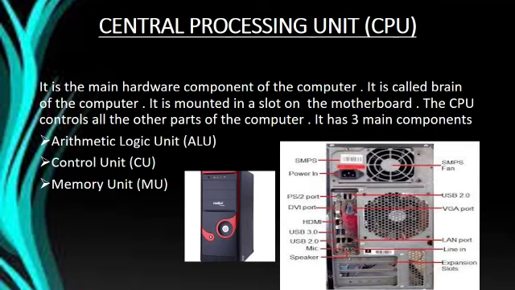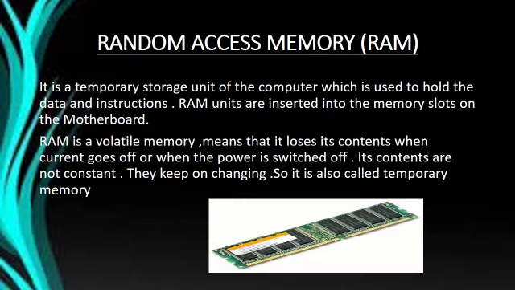Logical calculations means comparisons, whether a number is greater than another number or equal to other number or less than other number, etc. Control Unit (CU) controls all the internal components of CPU to make it work and it controls the flow of data. Memory Unit stores the data, instructions and information.